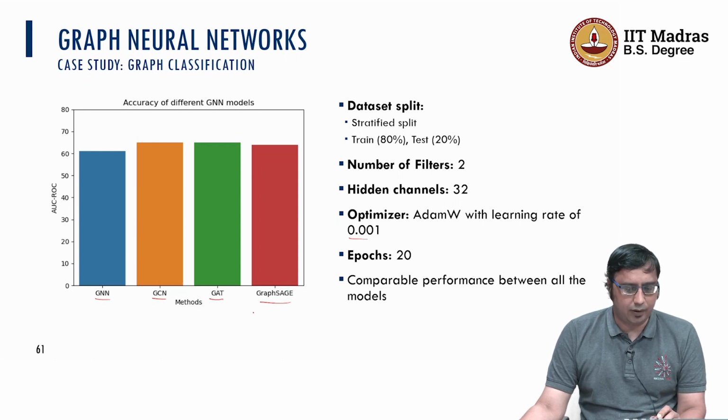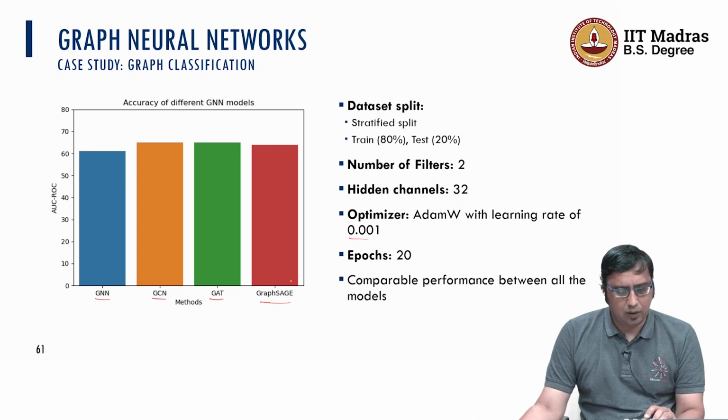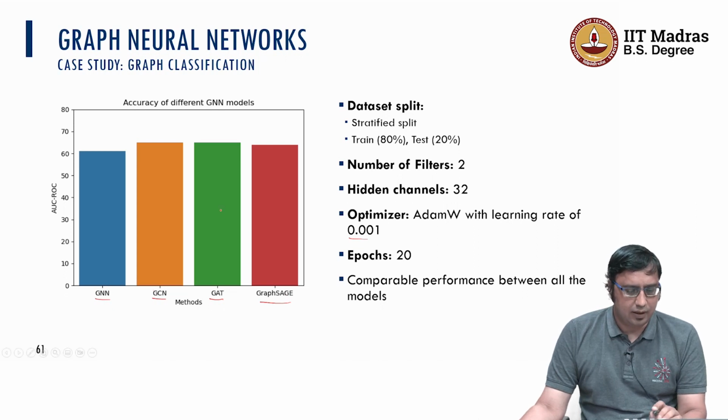If we compare the performance using the area under the ROC curve, we can see that the performance of GCN and GAT is comparable. However, GNN performs quite poorly. GraphSage is not bad, but it cannot beat GCN and GAT.